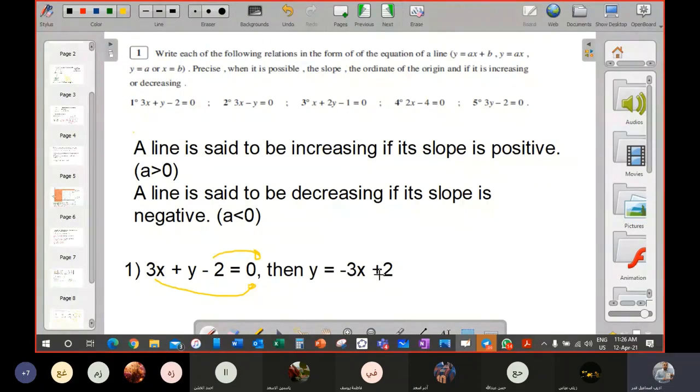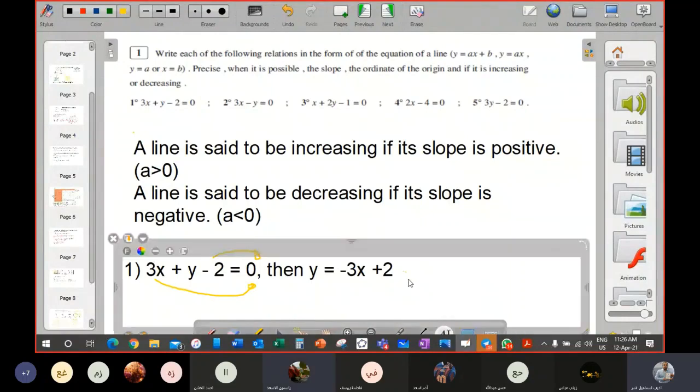What is the slope, Ahmad? Slope equals minus 3, and the y-intercept b equals plus 2. Is this line increasing or decreasing?